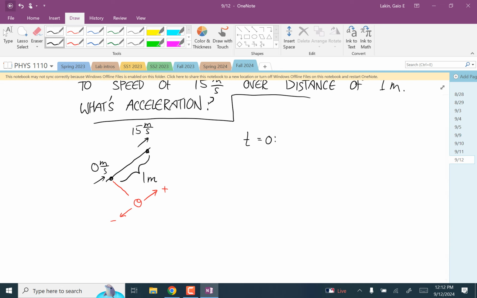The earlier of the places where we have information is when the person starts accelerating. So this is the instant when the acceleration starts. And time final is the instant the speed reaches 15 meters per second.